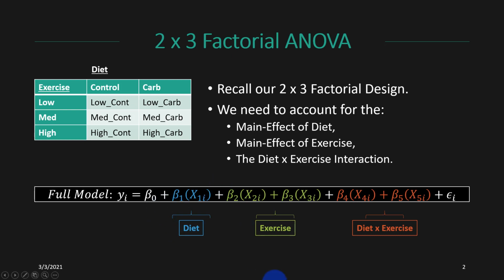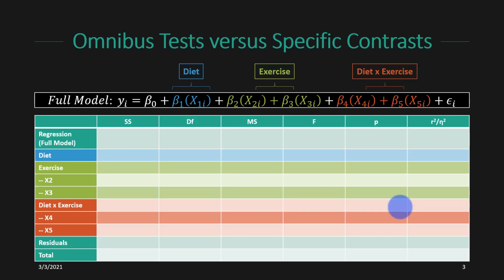So diet can be represented with 1 variable, exercise has to collectively be represented by 2 variables, and the diet by exercise interaction is represented by 2 variables here because it is the product of each of our contrast-coded variables for each of those independent effects. So we have 2 for exercise multiplied by 1 for diet, so we ultimately need 2 contrast-coded variables to represent the diet by exercise interaction.